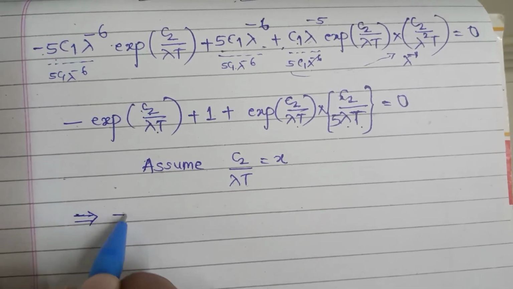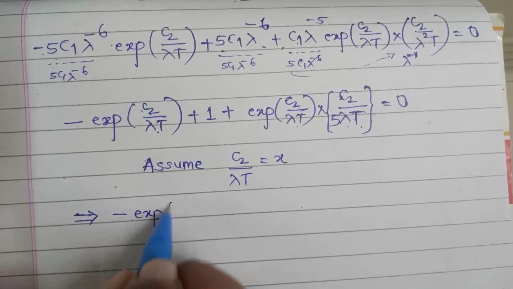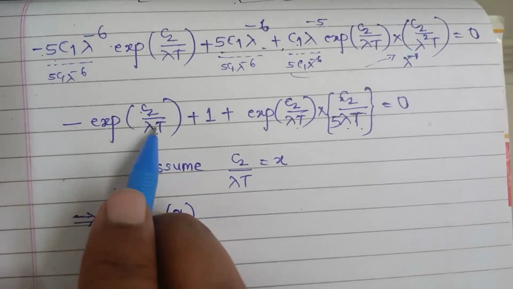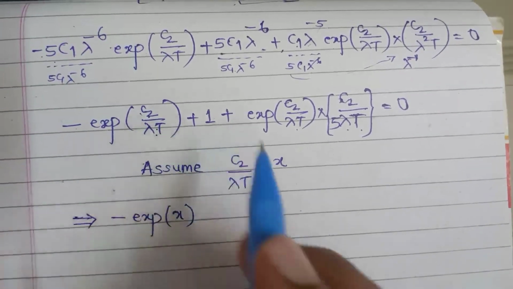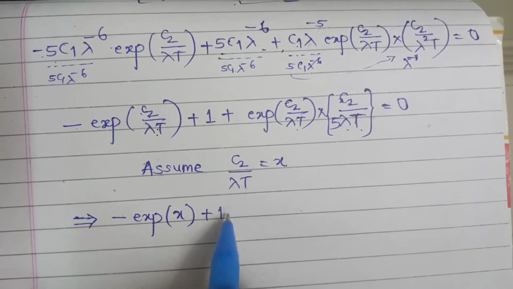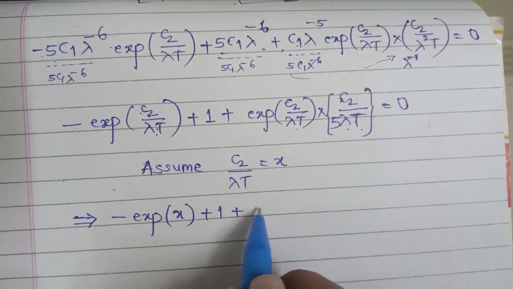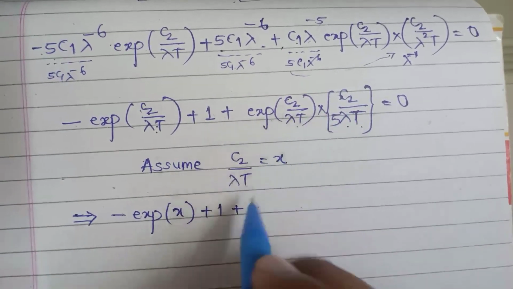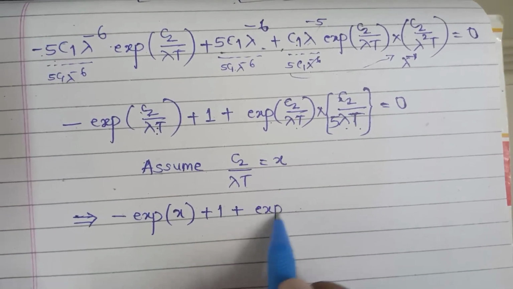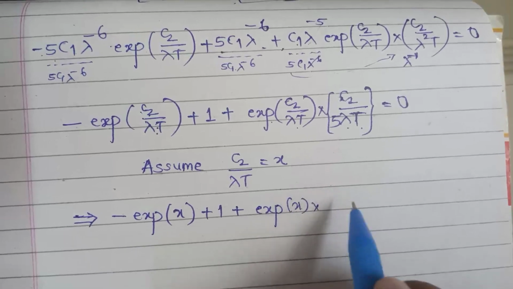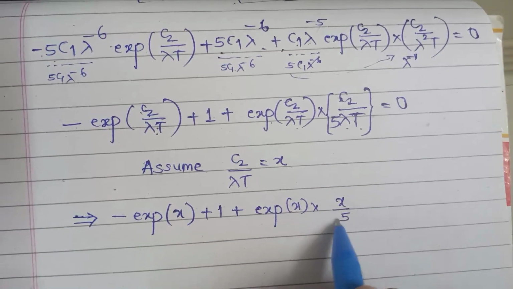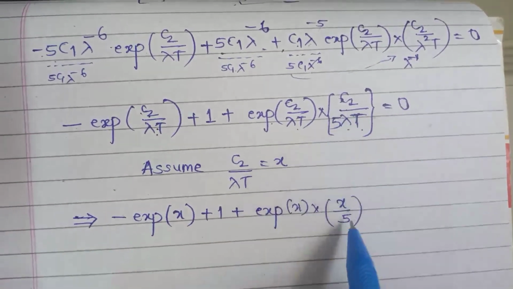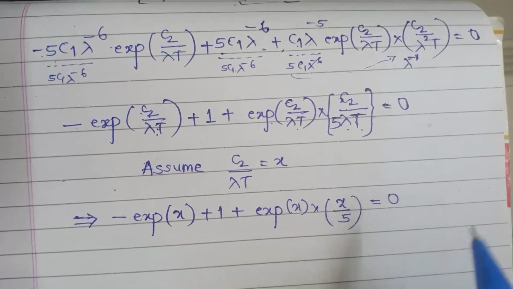It gives us minus exponential of x, because this is the entire thing that we have considered as x, plus 1 plus exponential of x multiplied by x upon 5, because c2 by lambda t is again x, and this will be entirely equal to 0.